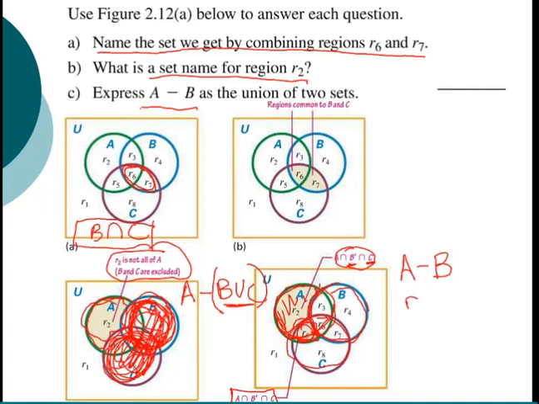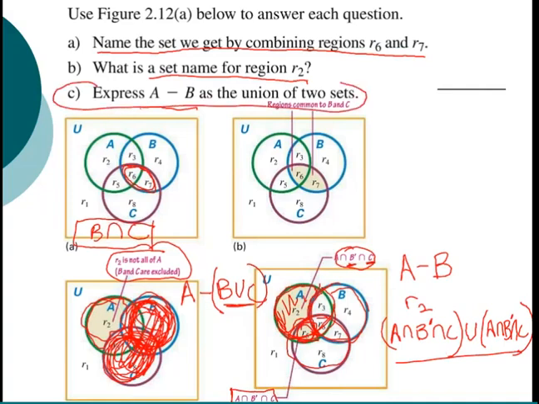Region 2 is A intersection B complement intersection C complement, and you take its union with A intersection B complement intersection C. So that would be answering problem C here.